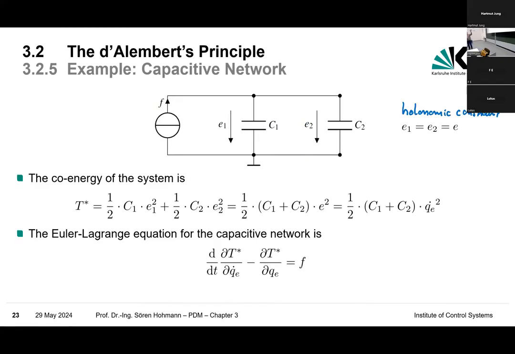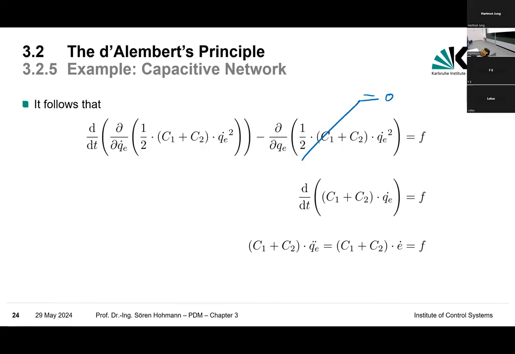We would say, well, this is a parallel connection of two capacitors. C1 plus C2 is the capacitance of both capacitors. We know the voltage over both capacitors is equal to E. Consequently, we would expect that the total capacitance times E dot should be equal to F.